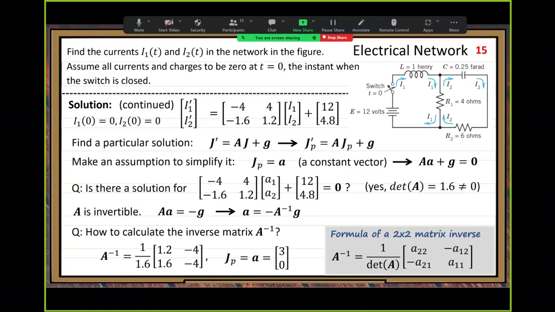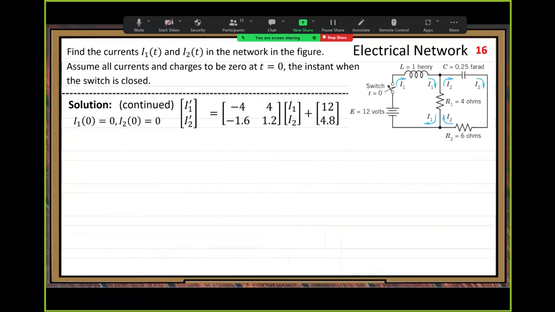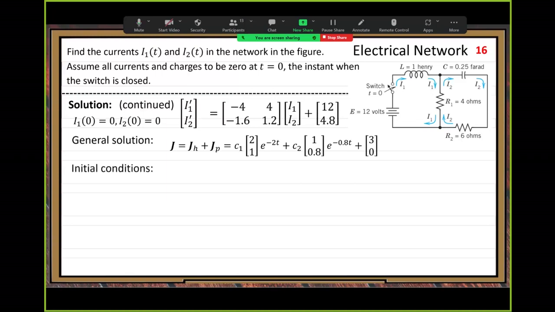After we have this YP, we can write the general solution for the non-homogeneous system. The last step, general solution, YH plus YP, with C1, C2 to be determined by the initial condition.